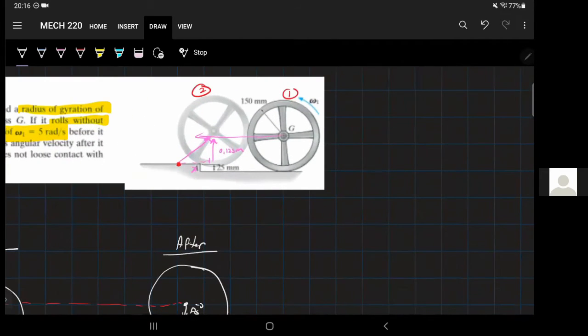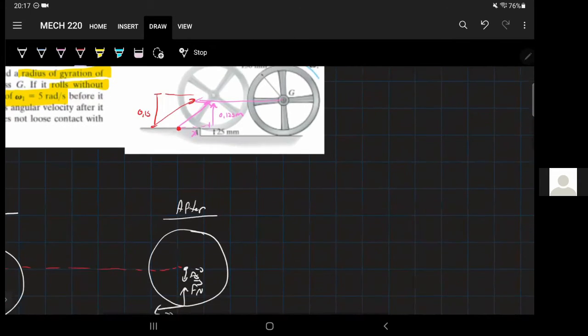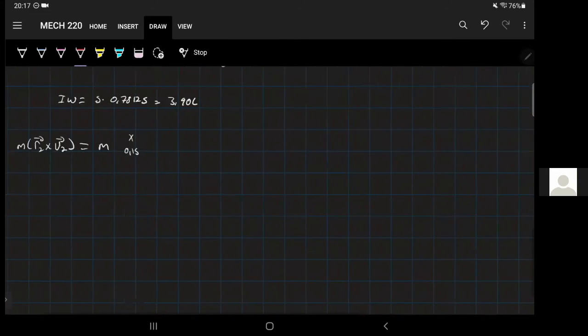So by being on top, I now need my r to go a little bit higher. So this distance here is actually going to be 0.15, right? And my z is still 0.